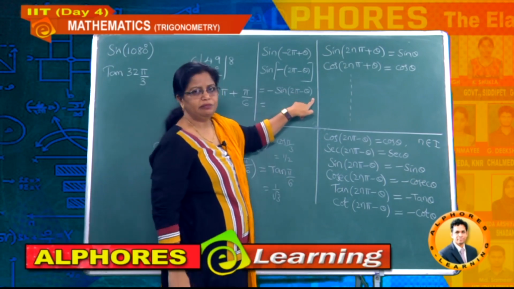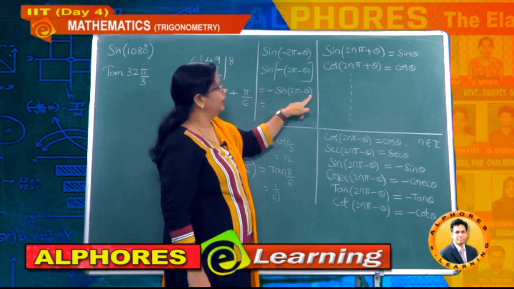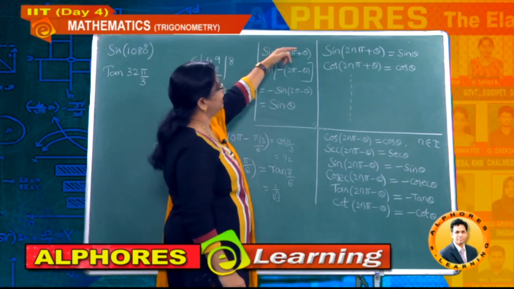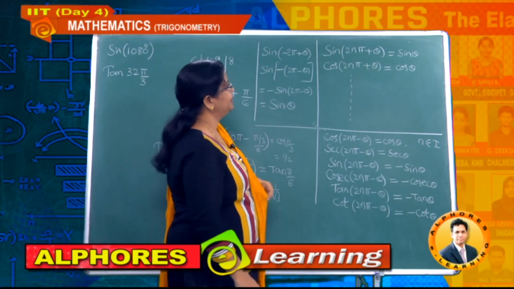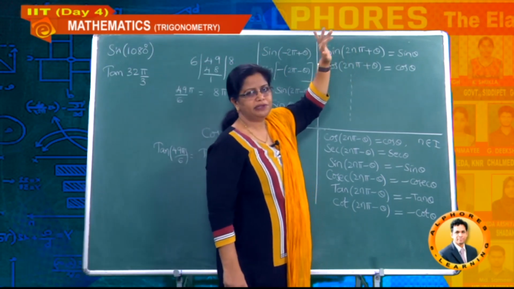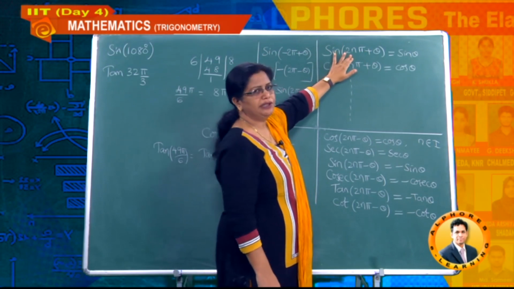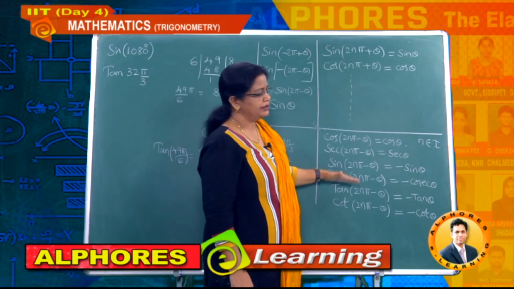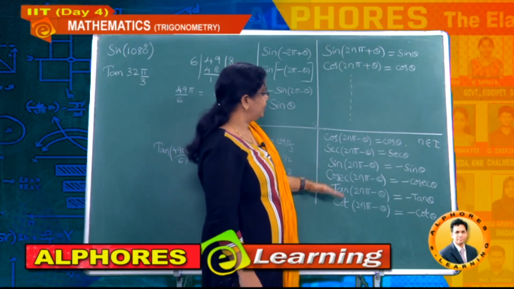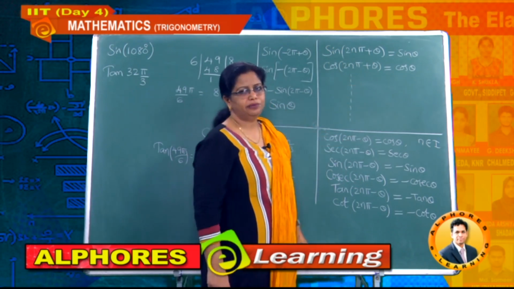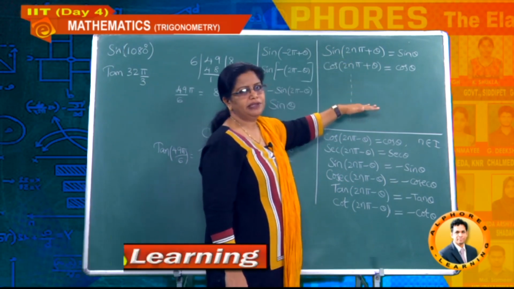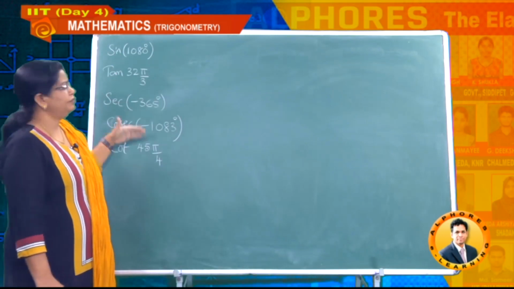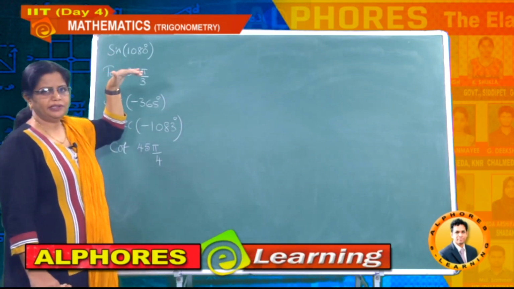Thereby 2 pi minus means it is in the fourth quadrant. So minus into minus, what is the value? Sine theta. So you got the same answer again. That's why there is no confusion whether n will be positive or negative. It can be a positive or negative integer in these two quadrants. So you can make use of this concept: 2n pi minus means it is the fourth quadrant, 2n pi plus means it is again the first quadrant. Let us see some examples of how we can reduce these into the nearest acute angles.